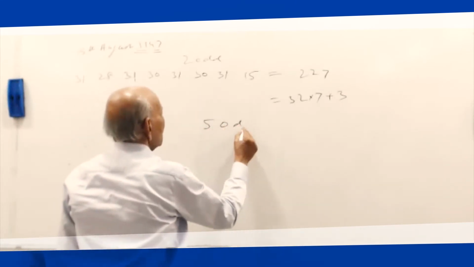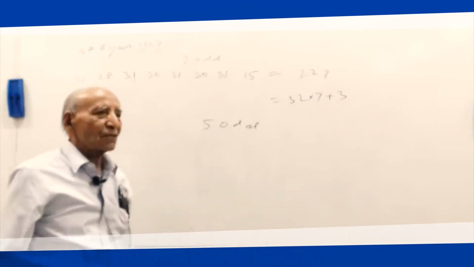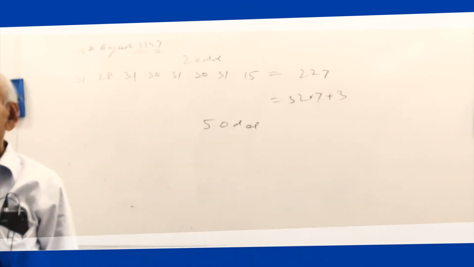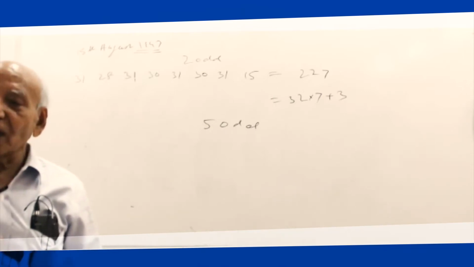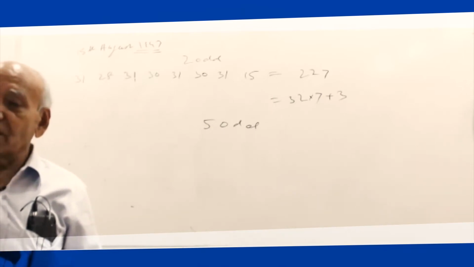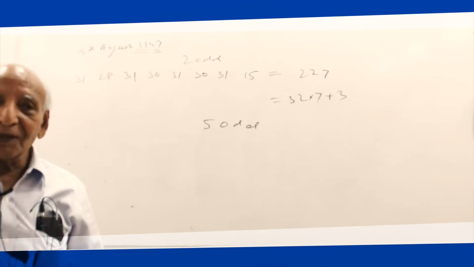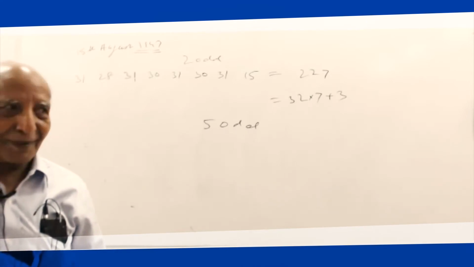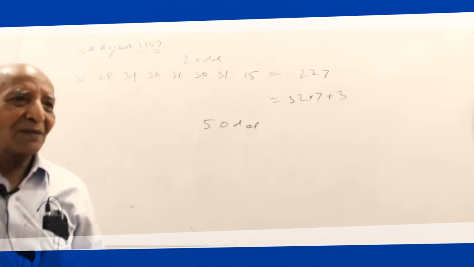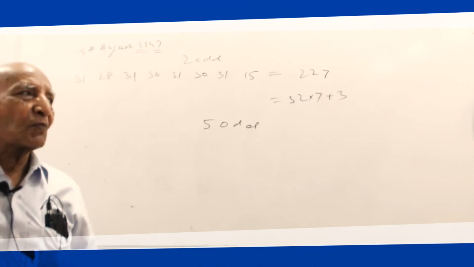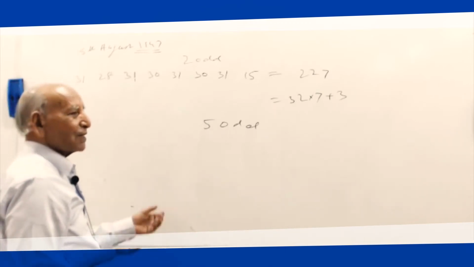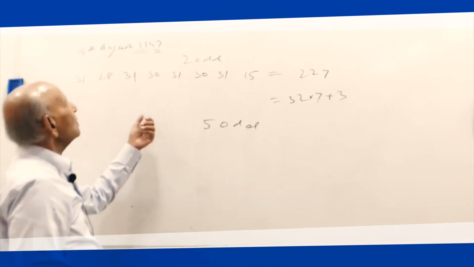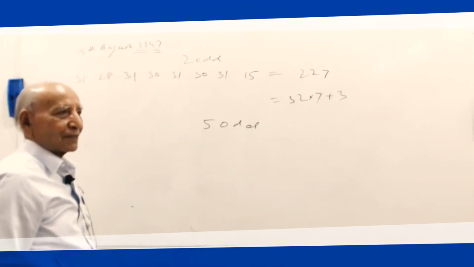Now in total 5 odd days. So what is the day on this 15th August? So 5 extra days. Day 1 is Monday, internationally accepted. So from Monday, you count up to 5 days, it is Friday. So check your old calendars, you have got it. So it was a Friday on 15th of August.